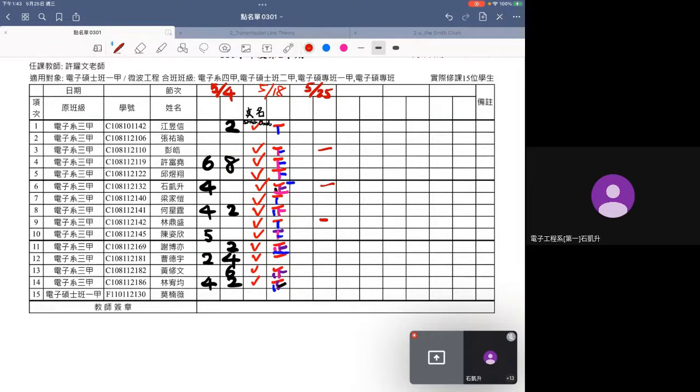So for 资讯, yes, 资讯 you are correct. 修文. 老师，我写错了，我再改一下。 Okay.